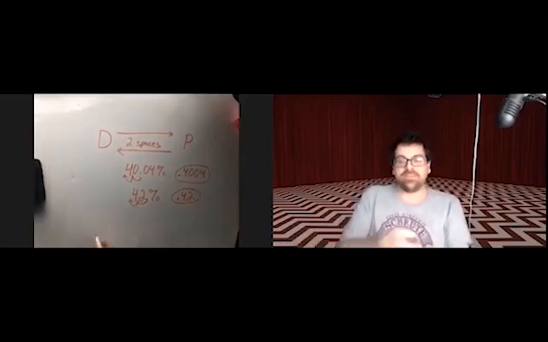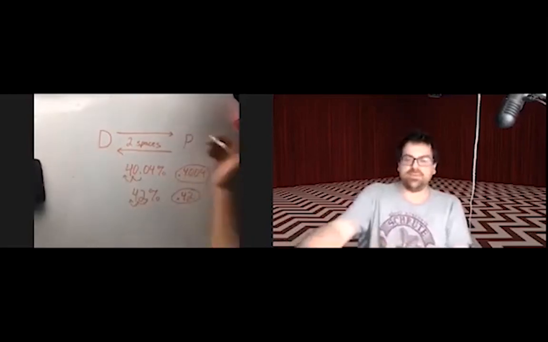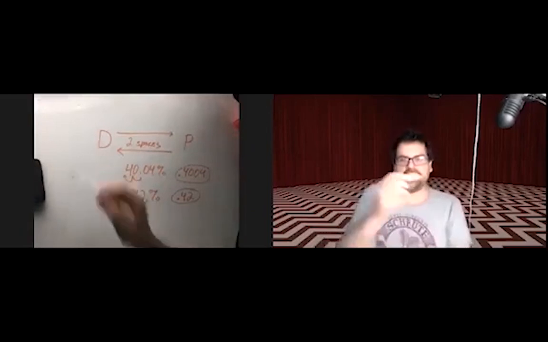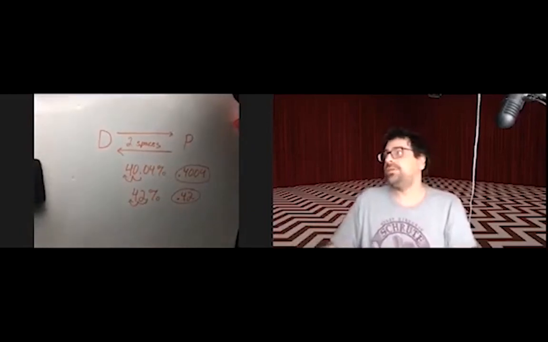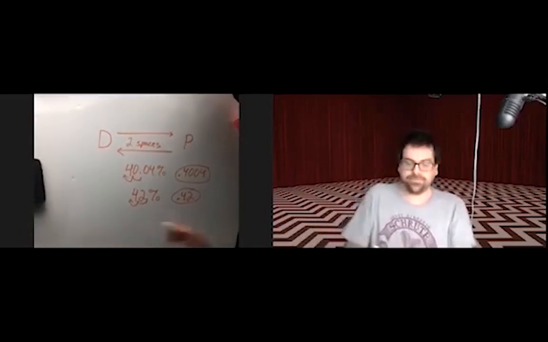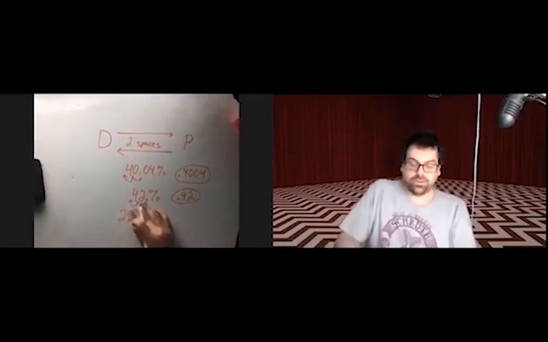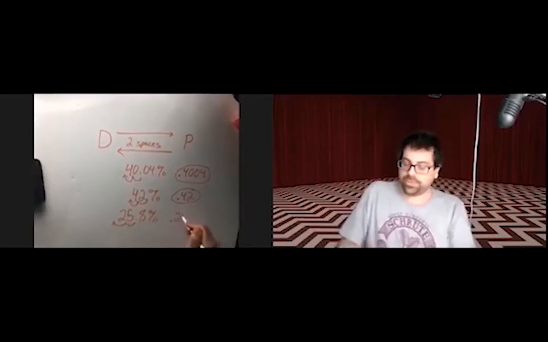Why are we going to the left? Because percent to decimal would be 2 spaces to the left. The alphabetical order helps. 25.8%. 1, 2. 0.258.